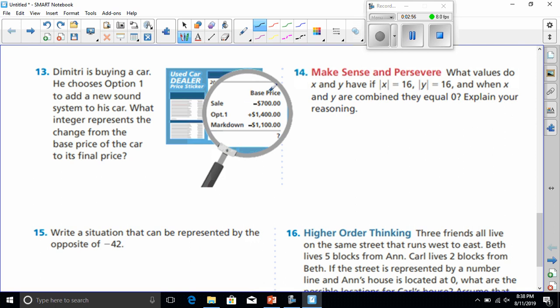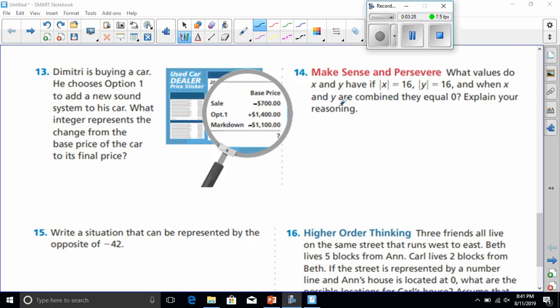He bought a car with option 1, so it's $1,400 to add a new sound system to his car. It says what integer represents the change from the base price, and that was the sale price here. What is the integer that represents the change from that price of the car to its final price?